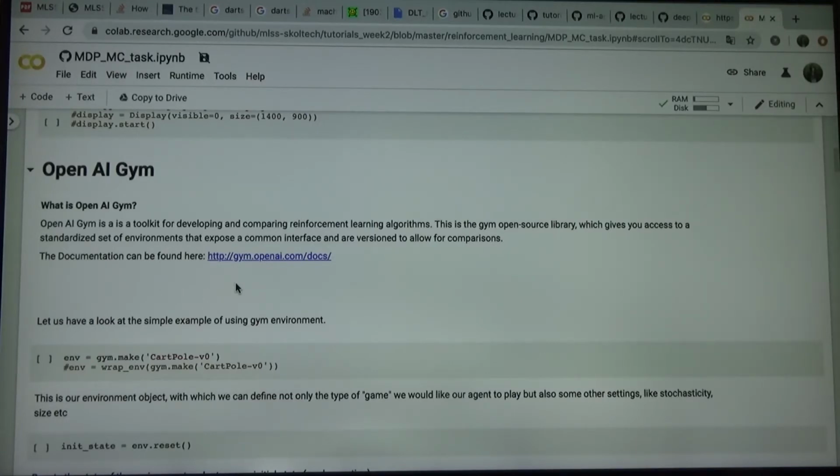It allows you to use many different environments for reinforcement learning tasks and not bother coding your own game or environment, or thinking about how to program the actions.